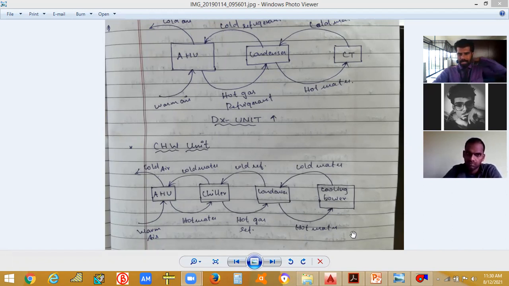In most cases, we won't use a cooling tower with DX, only in very rare cases.